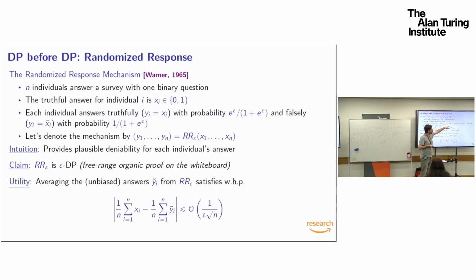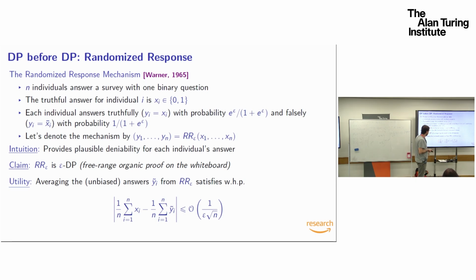But because you know the distribution, you can unbias them. So from these yi's, you can get yi tildes that are unbiased estimates of the xi's. And you can average those and compare them to the average number of people in the population that like Justin Bieber.